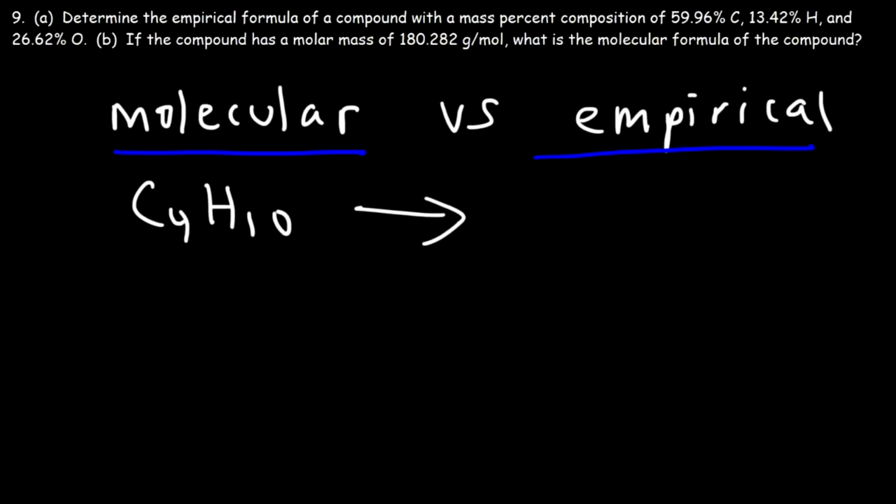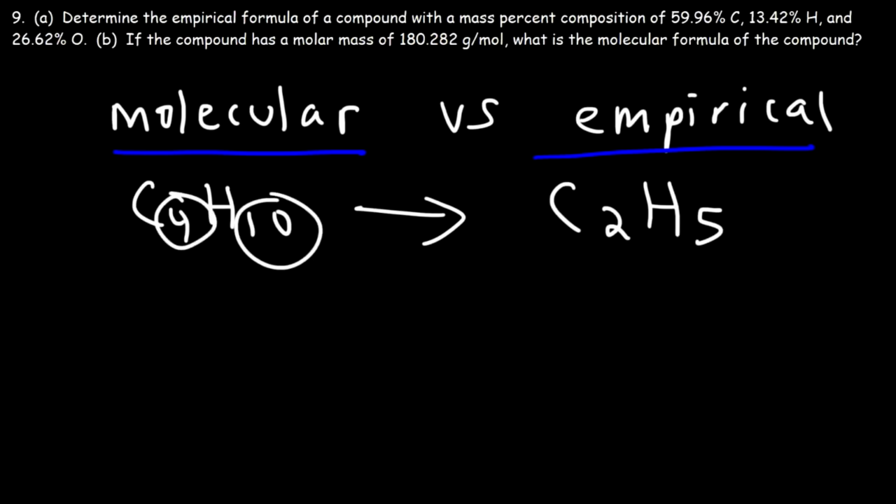The empirical formula is a formula that contains the lowest ratio of whole numbers. So if we divide both numbers by 2, the empirical formula would be C2H5. So you need to find the lowest whole number ratio of the subscripts of the molecular formula.